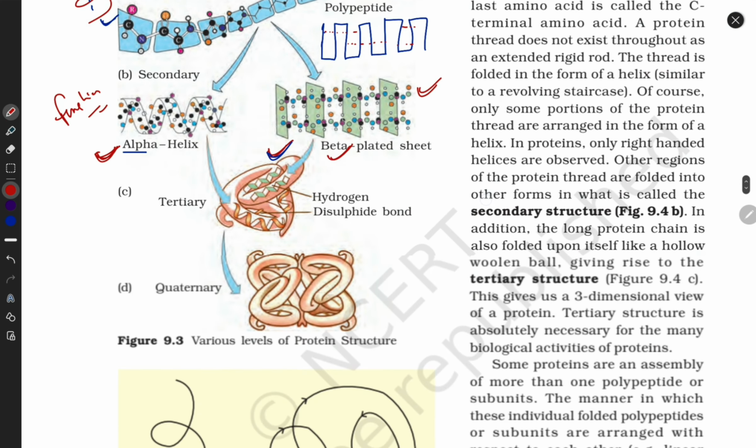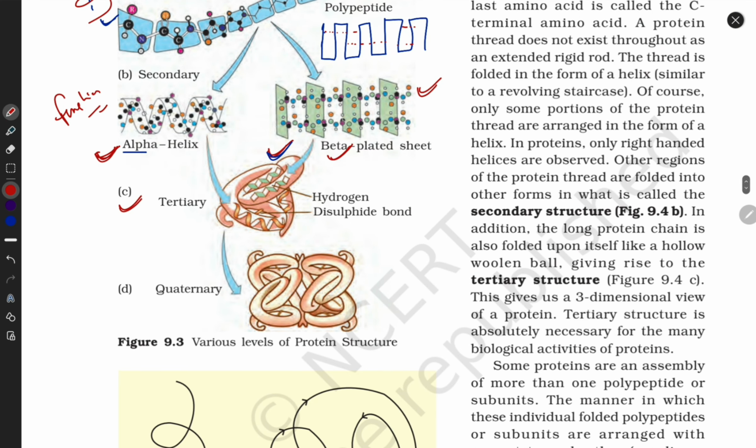Now let's move towards the tertiary. We know that enzymes make their active sites, so they can bind with substrate and make product. So the active site is formed by the tertiary structure of protein, which recoils itself.